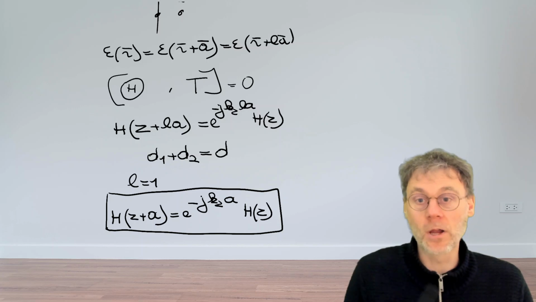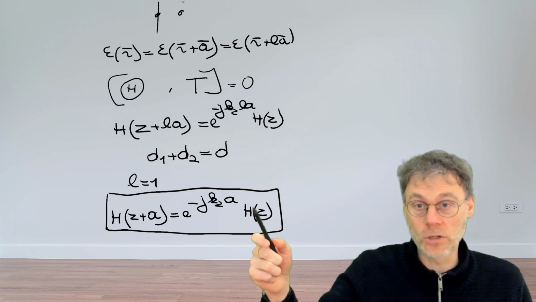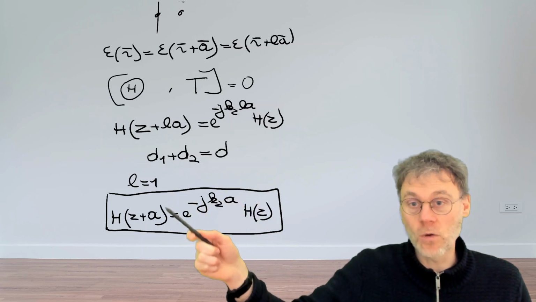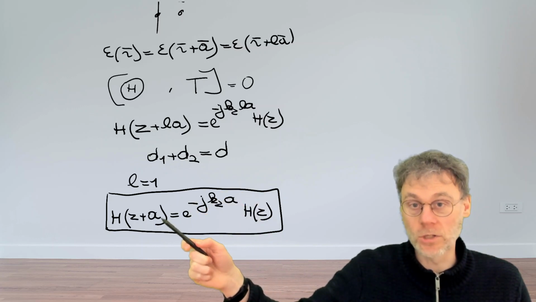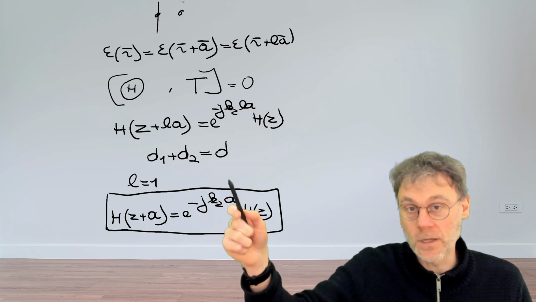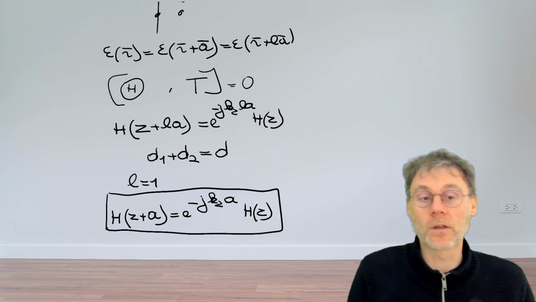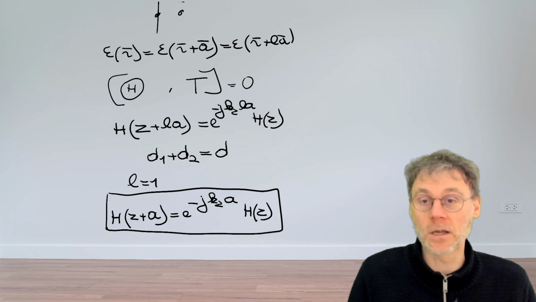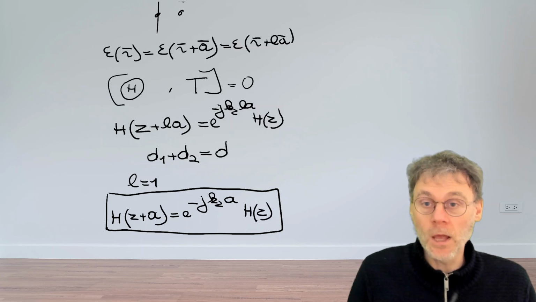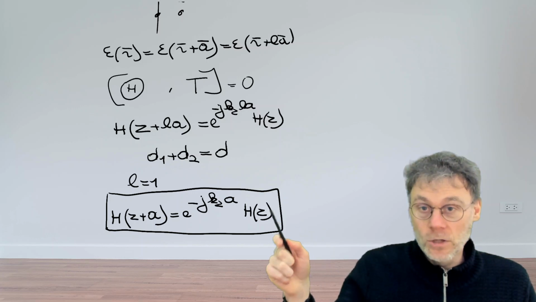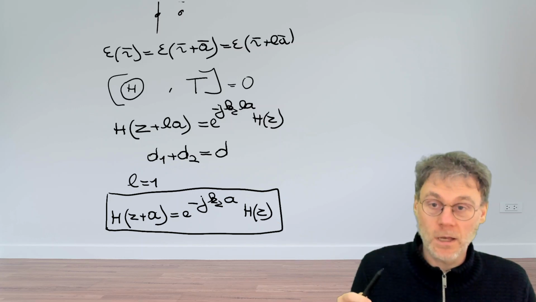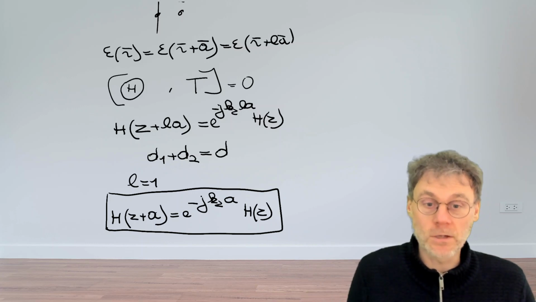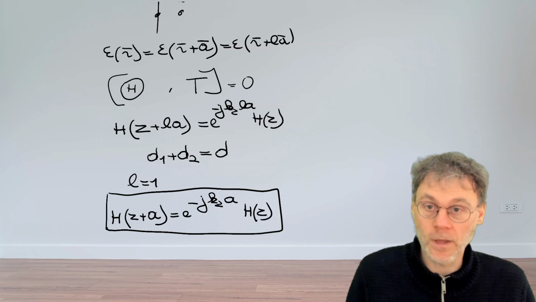Bloch's theorem relates the field at a certain position in your structure to the field at a position which is one lattice constant away. And the relationship is given by this multiplicative phase factor here. So these are the solutions that you can find in this case. And because this is Bloch's theorem, these are sometimes also called Bloch modes or Bloch states.